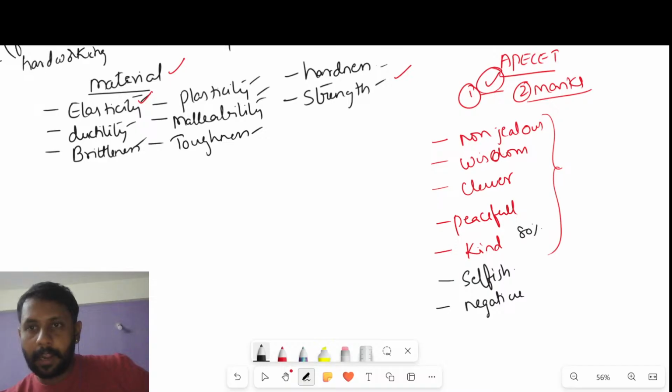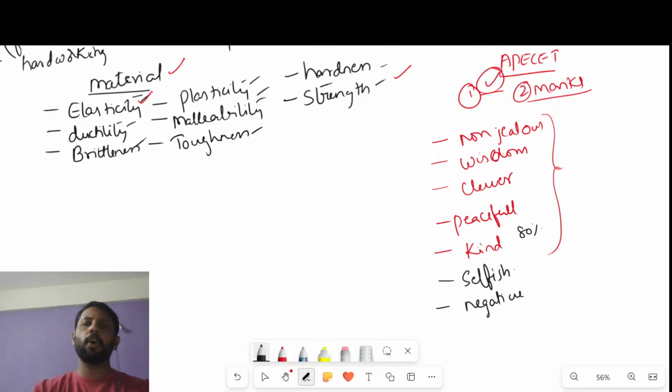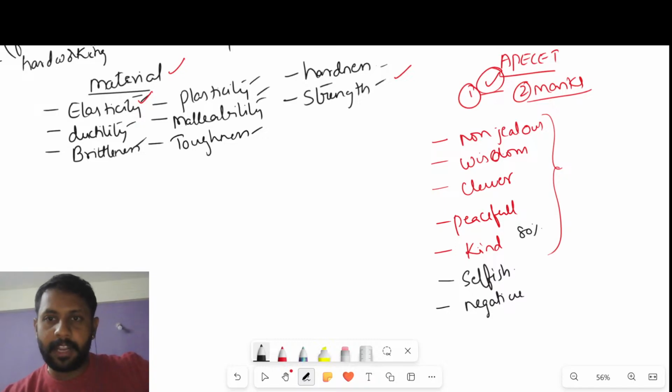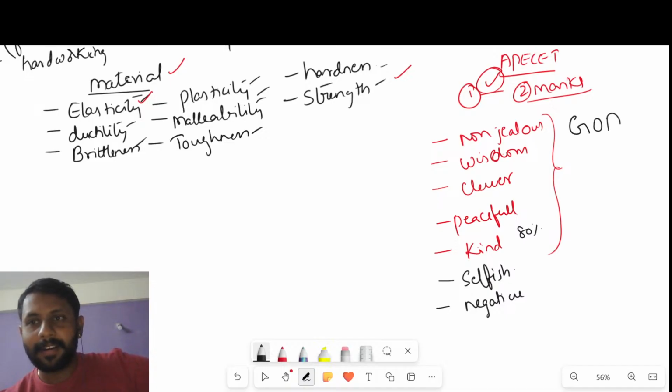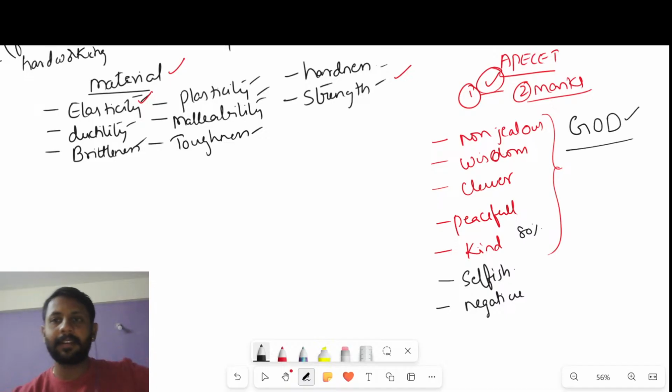So if a person is having all good characteristics, he is non-jealous, he is wise, he is clever, he is peaceful, he is kind, a person who has all these characteristics, what do you call that person? Intelligent, gentleman. He is called as God, right?